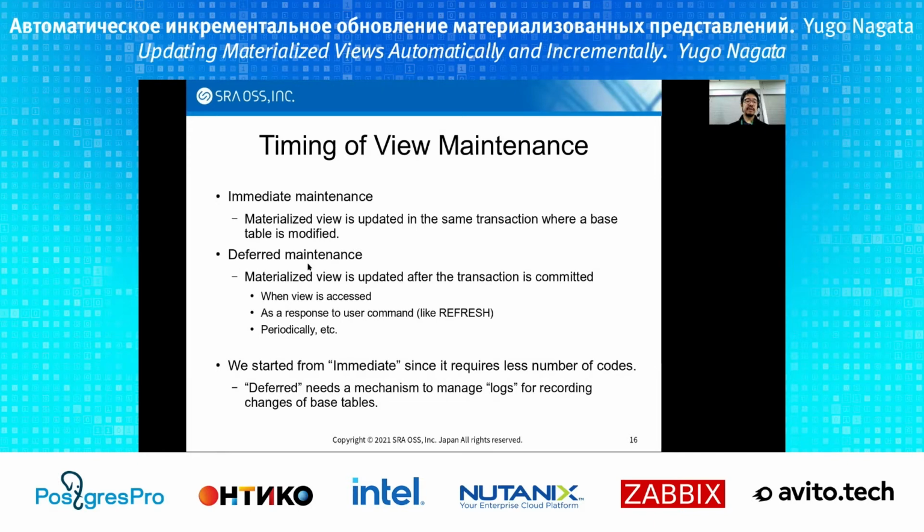In deferred maintenance, the view is updated after the transaction is committed. For example, when the view is accessed via select statement, as a response to user command like refresh materialized view command, or the view can be updated periodically in background and so on.